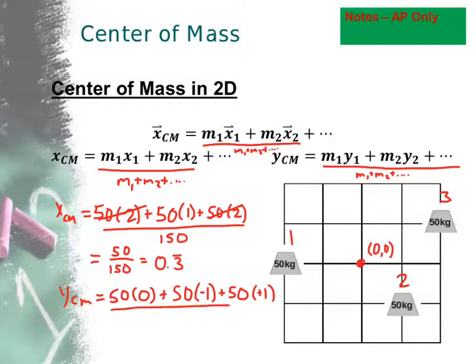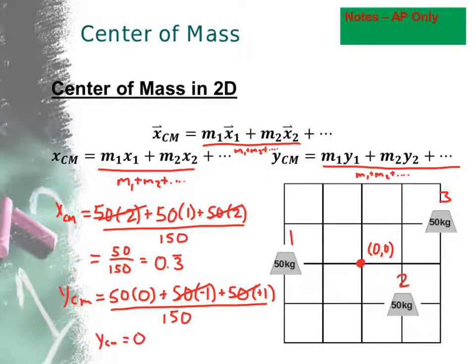And we need to divide all of that by 150. Now again, we could try to take out our calculator, but hey, let's use some thinking here. We have 50 times -1 plus 50 times +1. Those two add out, and we're left with 50 times 0, which is 0. So the y-coordinate of my center of mass is equal to 0.